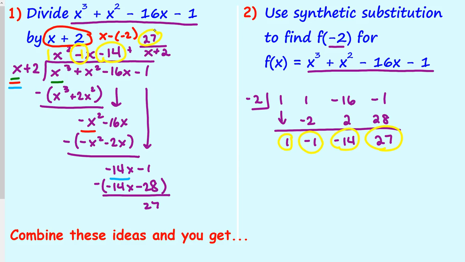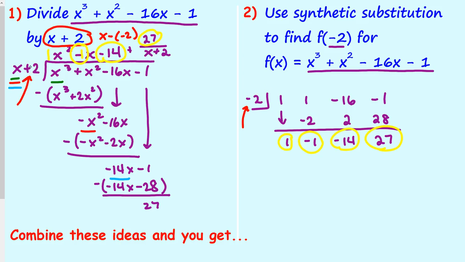So this is not a magic trick. If you think about long division, you had this repetitive process of multiply, subtract, multiply, subtract, multiply, subtract. And if you think about synthetic substitution, you have this repetitive process of multiply, add, multiply, add, multiply, add. But what we're adding here, negative 2, is the opposite of that positive 2.